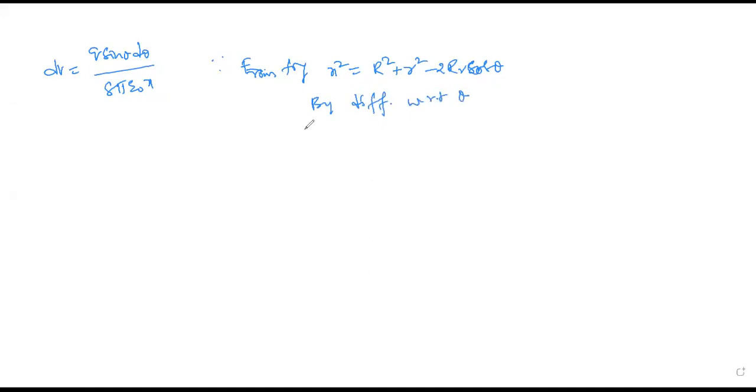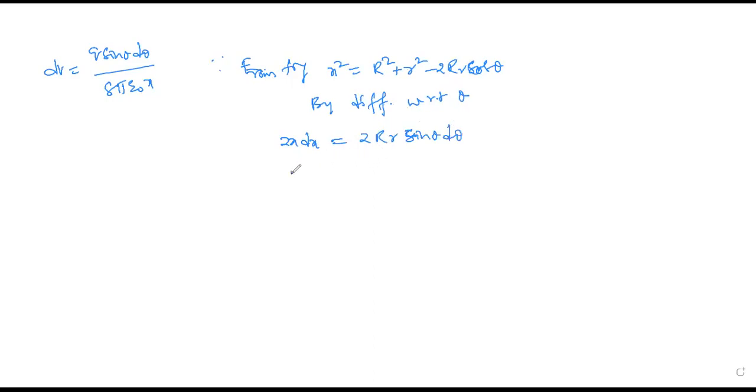After differentiating this with respect to theta, we can write this as 2x dx is equal to 2rR sin theta d theta.